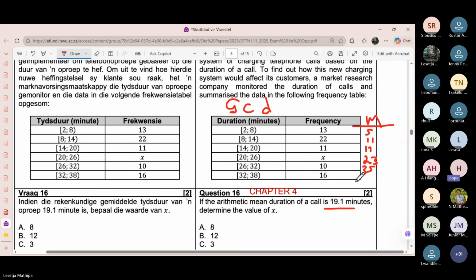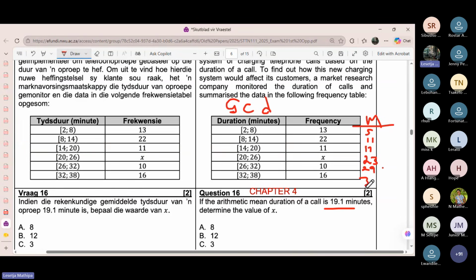Let me count the classes: 1, 2, 3, 4, 5, 6. There are six, so you still have the second last, which is 29, and the last one is 35.